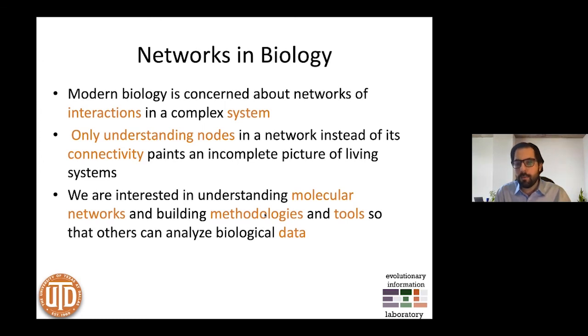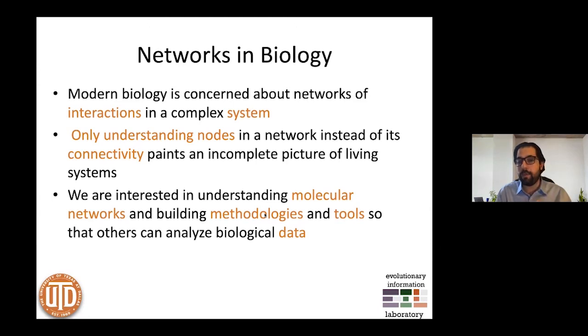In our lab, we care about molecular networks. Biological networks could be very diverse. They could be at the scale of communities or ecologies. They could be at the scale even of societies, or they could be at the scale of atoms, right? Atoms interacting.